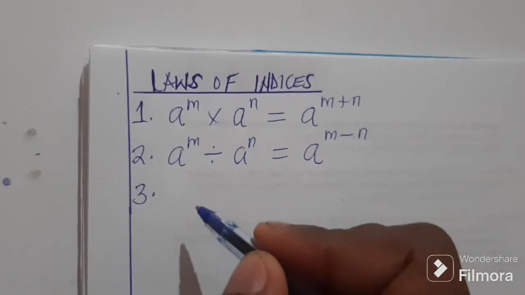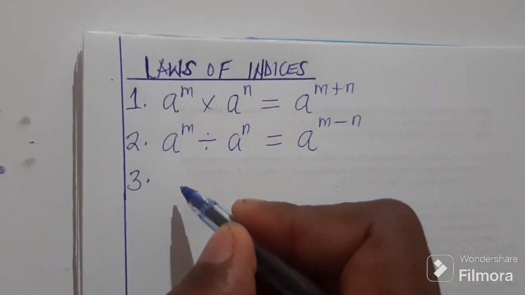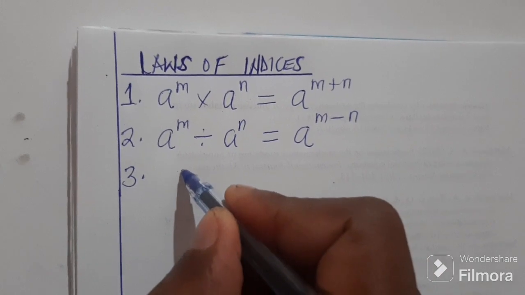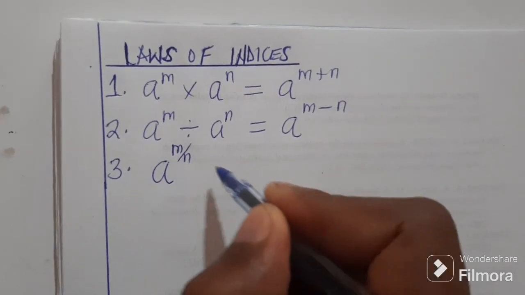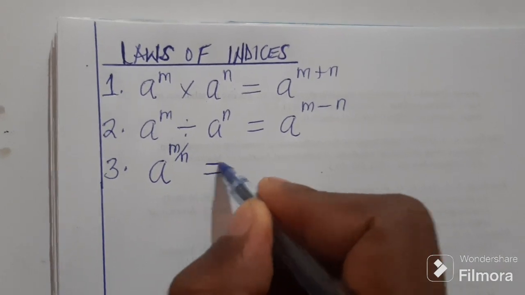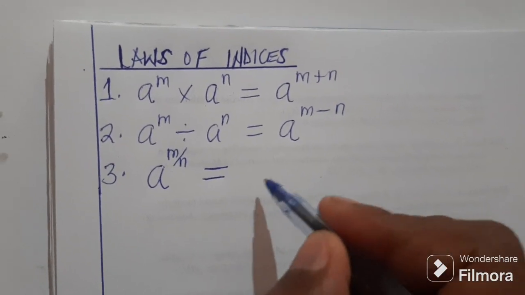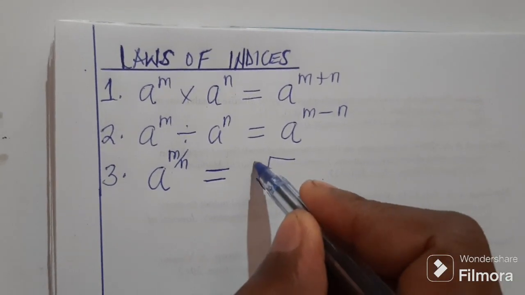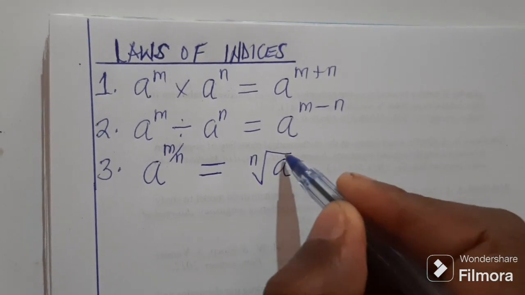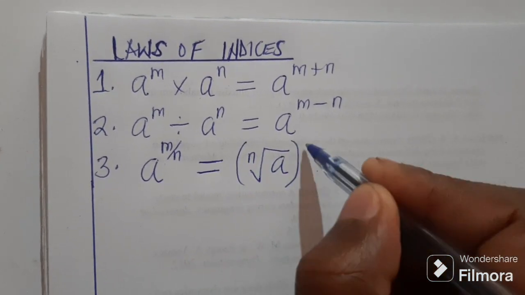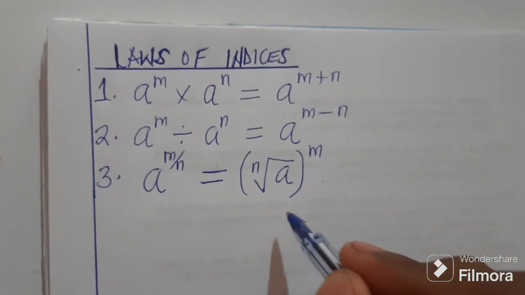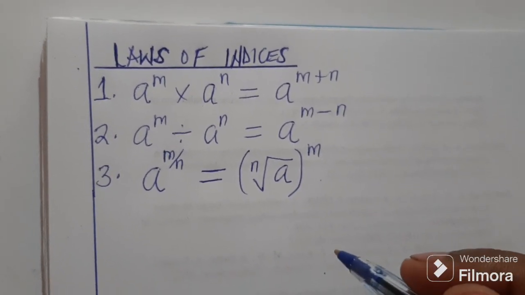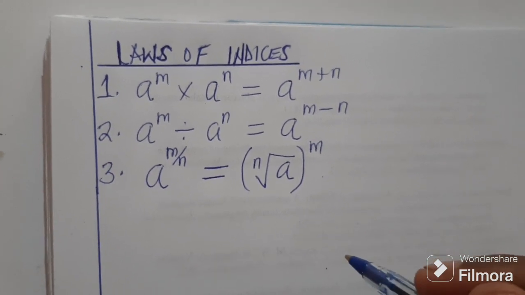The third law of indices: say we have a number A to the power of a fraction, M over N. This is the same as taking the nth root of A to the power of M. I want you to note that this third law is what helps us understand nth roots.